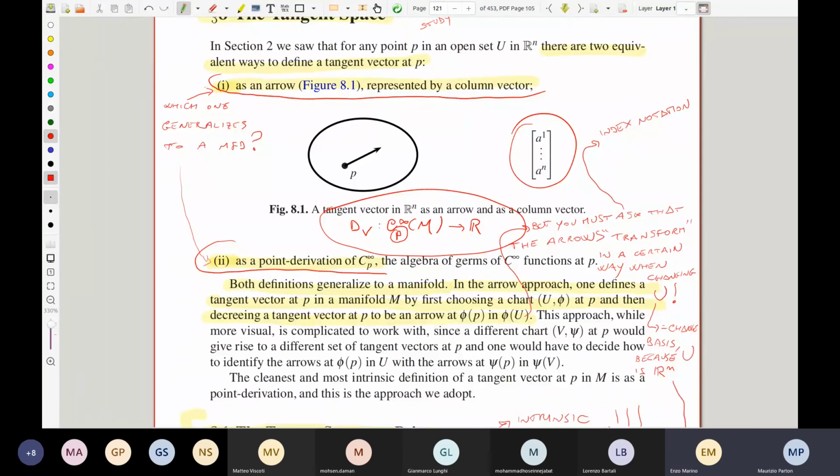So if you accept this, and you have actually, because we spent 2 hours looking at tangent vectors just as derivations, point derivations, then it's clear. What is a tangent vector to a manifold in a point P? It is just a derivation of the germs of functions at that point.